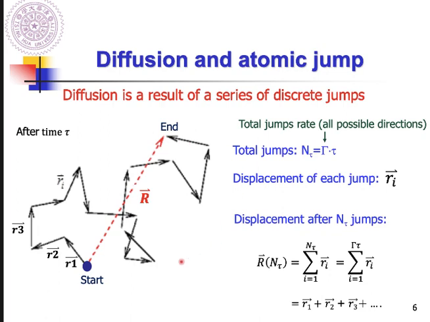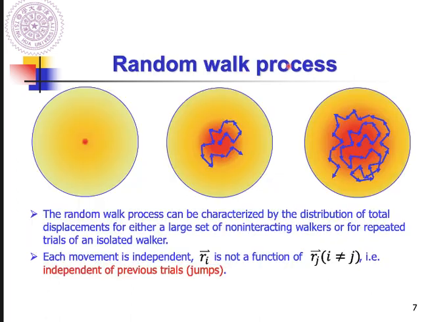Now you have some idea about the atomic jump rate, and you also know diffusion for sure is a result of a series of discrete jumps. But don't forget, our purpose here is to find an indicator, a relationship between diffusion and atomic jumps. We try to find an indicator that describes the diffusion phenomenon and can also relate it to atomic jumps.